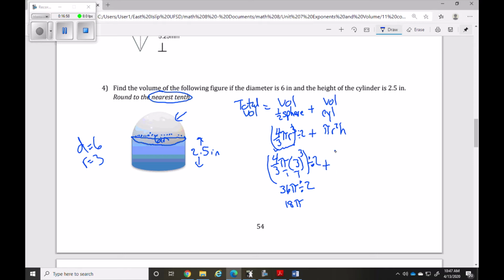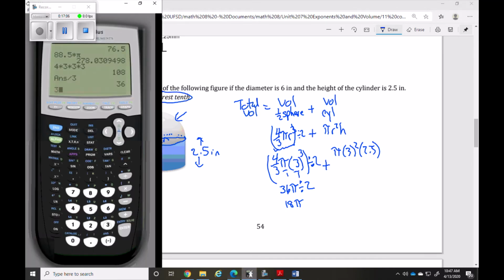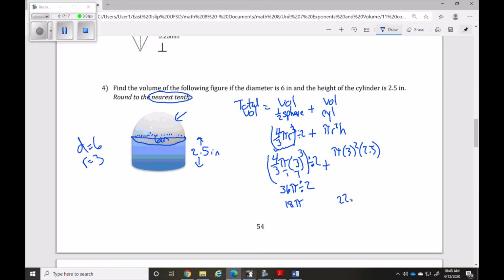My cylinder, pi times 3 squared times 2.5. So I'll do 3 times 3 times 2.5, 22.5 pi. Since these are both in terms of pi, I can add them. 18 plus 22.5.